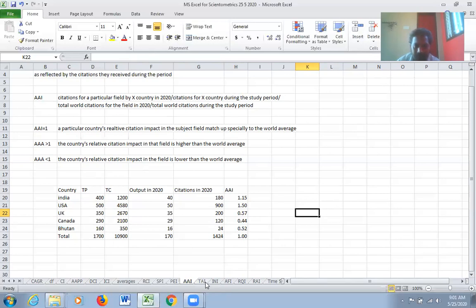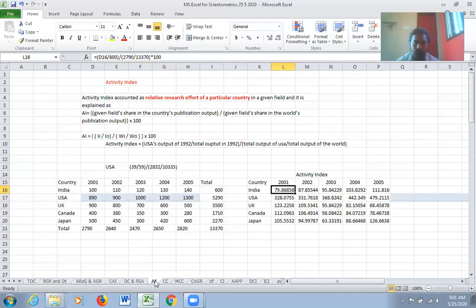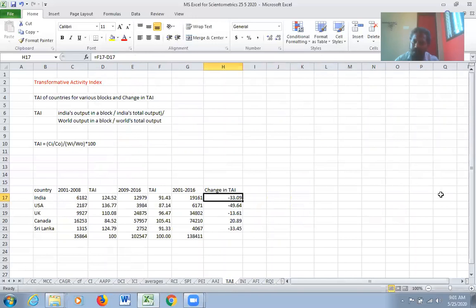transformative activity index. I think I told you about activity index a couple of minutes before. Remember how we calculated activity index, right? If you take this one, TAI, that is the transformative activity index, the same formula.